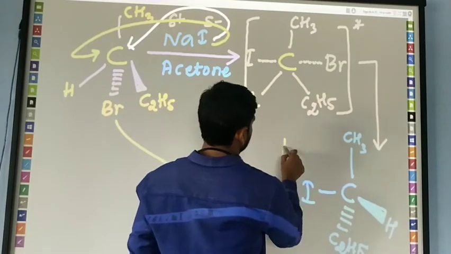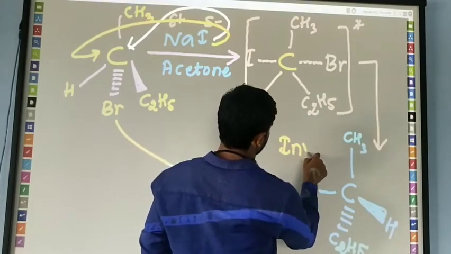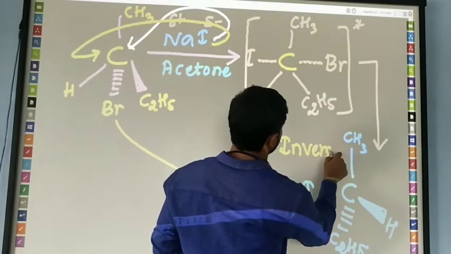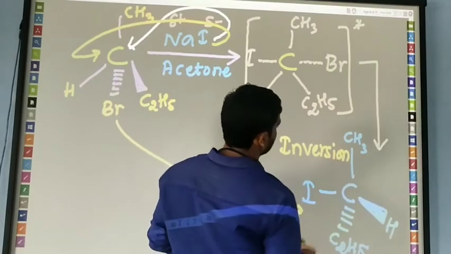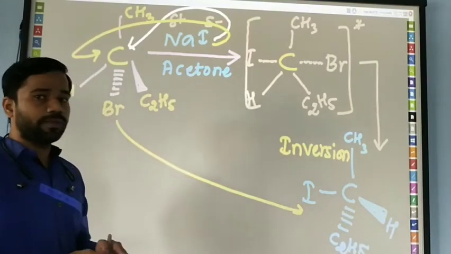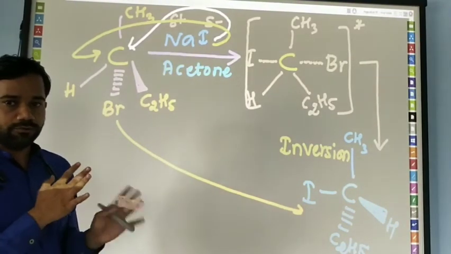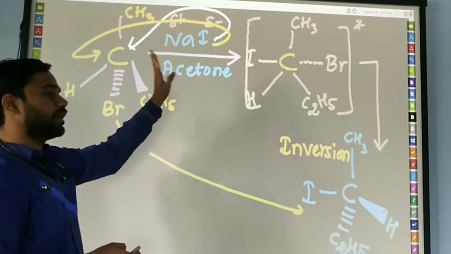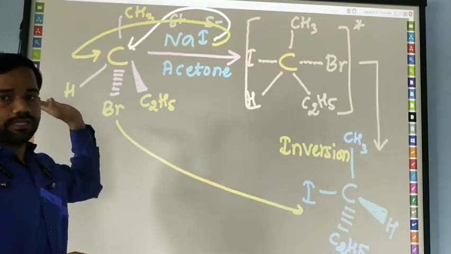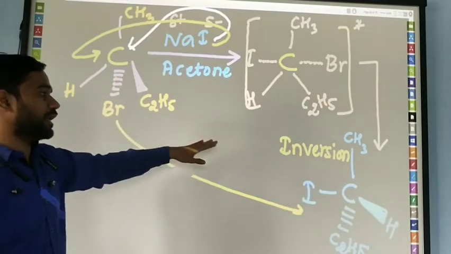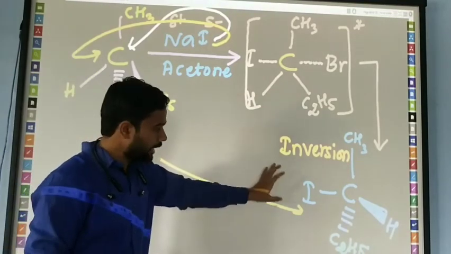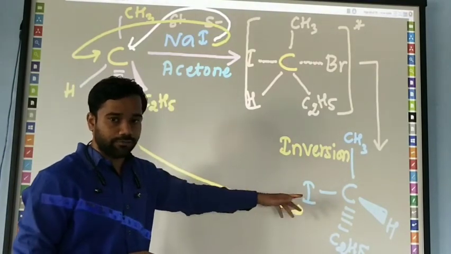Remember that in the case of the SN2 mechanism, we always found two types of product. The first one is known as the inversion product, and the other is the retention product. What do you mean by inversion product? Just opposite to the alkyl halide, there is attack of the nucleophile; that is known as the inversion product.